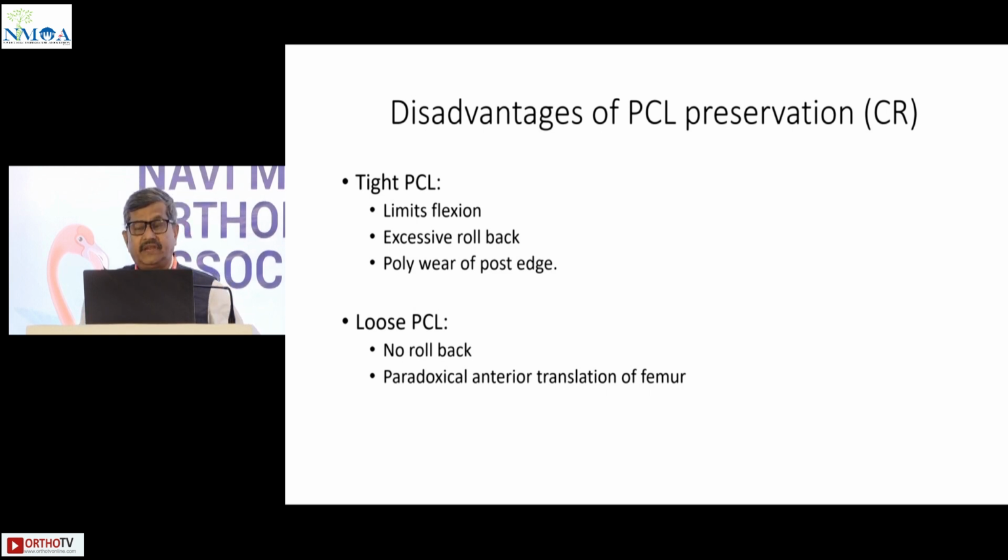What are the disadvantages of PCL preservation? If the PCL is tight, it's going to limit your flexion. It may cause excessive rollback, and it will cause polywear of the posterior edge, leading to aseptic loosening. Loose PCL, of course, there is no rollback, and it can cause paradoxical anterior translation of the femur.